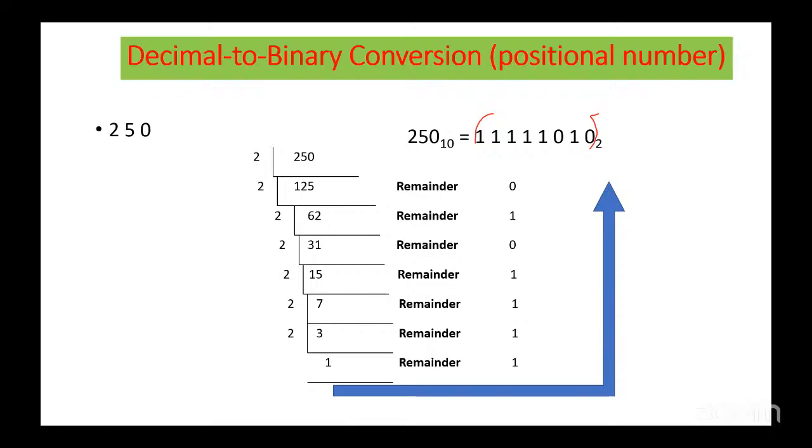So see here: 1, 1, 1, 1, 1, 0, 1, 0. 2 power 0 is 1. Counting positions 0, 1, 2, 3, 4, 5, 6, 7: 1 into 2 power 7, 1 into 2 power 6.